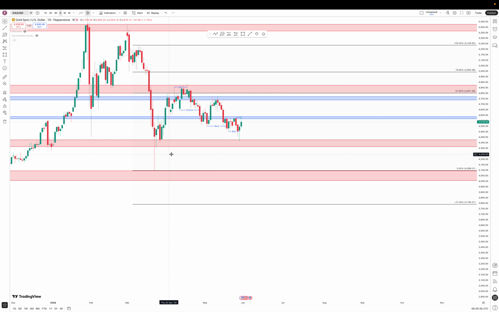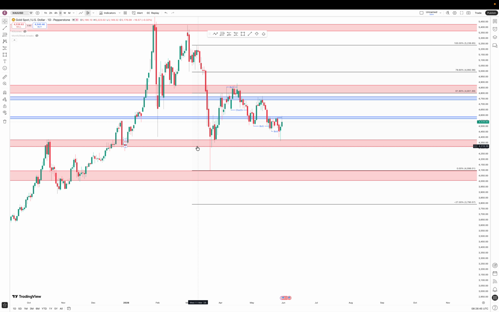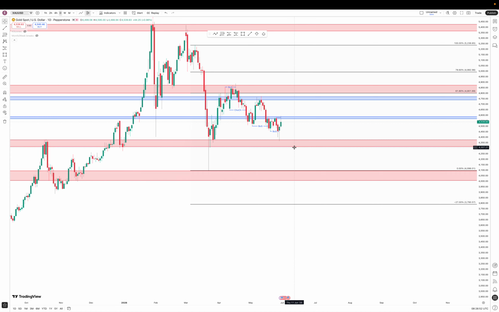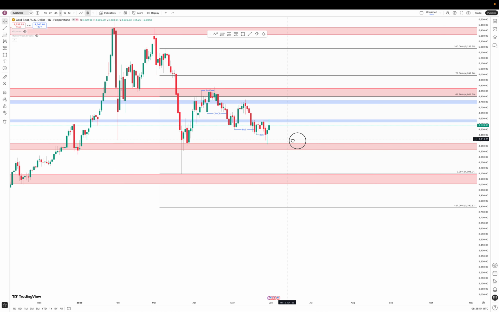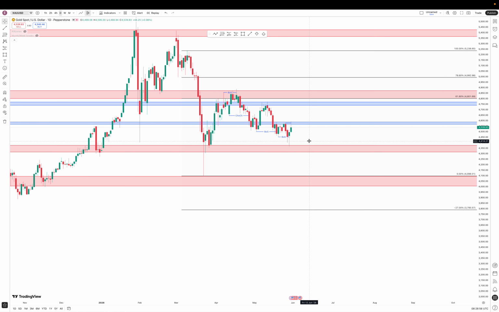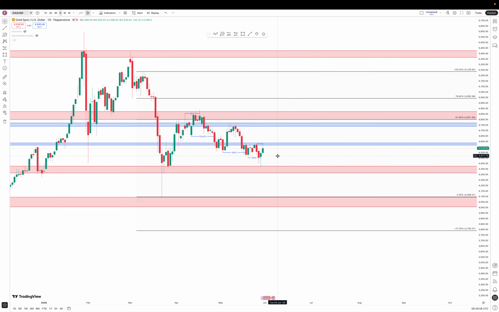But it won't just go like that, because here you can clearly see there's a support zone, and it's very strong. It has already reacted once. Here it missed, so we won't consider that. And you know that the third touch of zones is always strong. So just be patient and see what happens here.